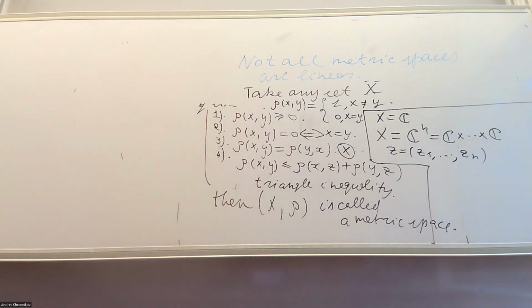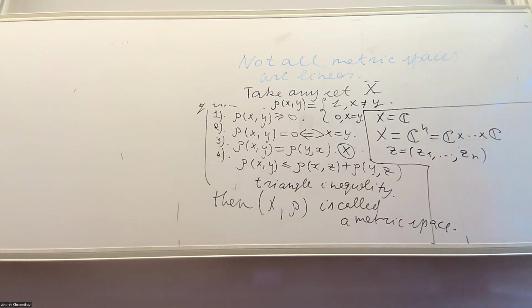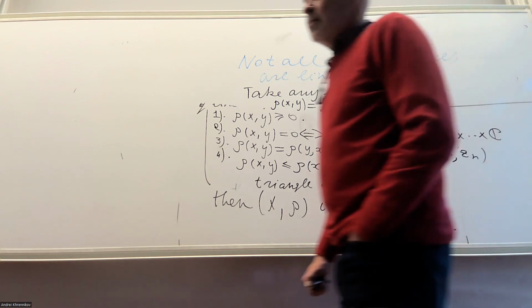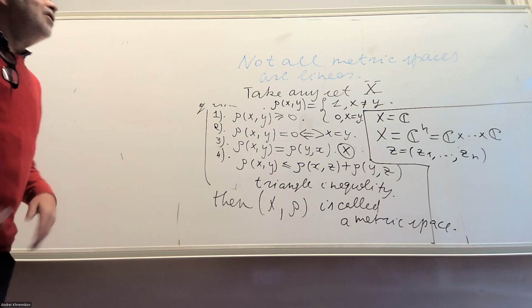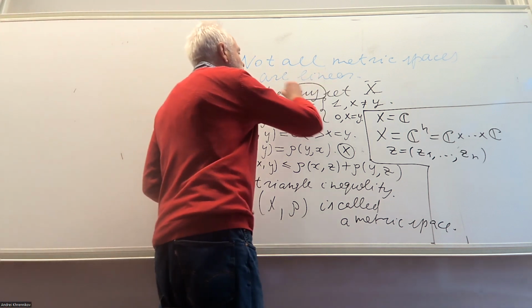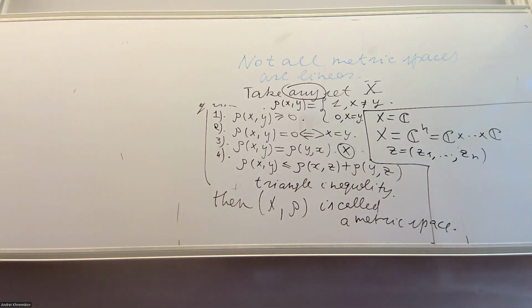So in some way, a discrete distance. If we are different, the distance between us is 1. If we are the same, the distance is 0. So you can check that it's a metric, but X is any set. It need not be a vector space. So on any set, we can introduce such a trivial distance.